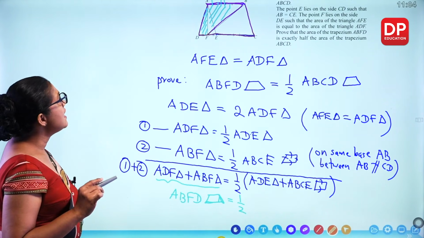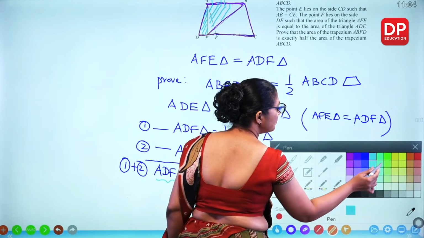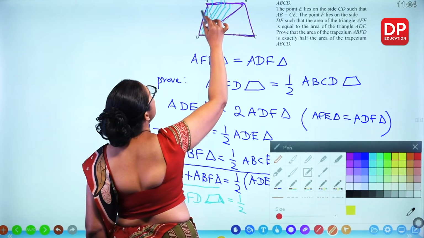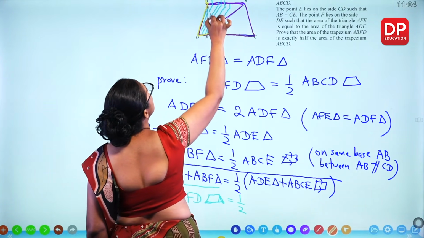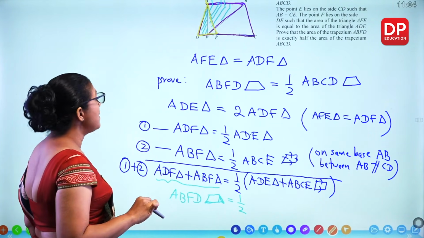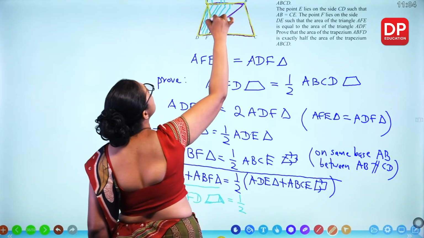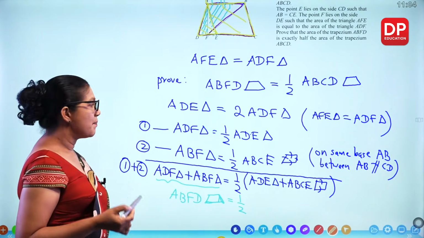When I add ADE, I'll take another color. ADE, this triangle, and ABCE parallelogram. This whole thing. What's the total thing? I'm getting the whole trapezium.